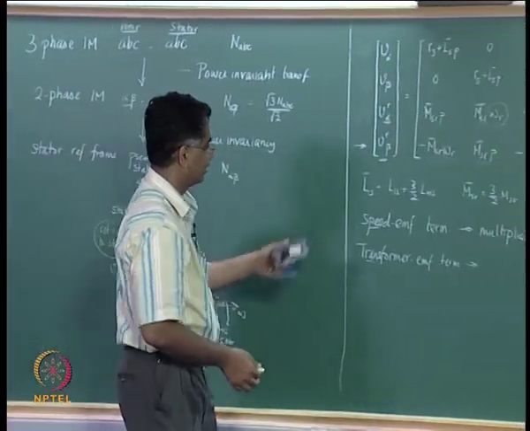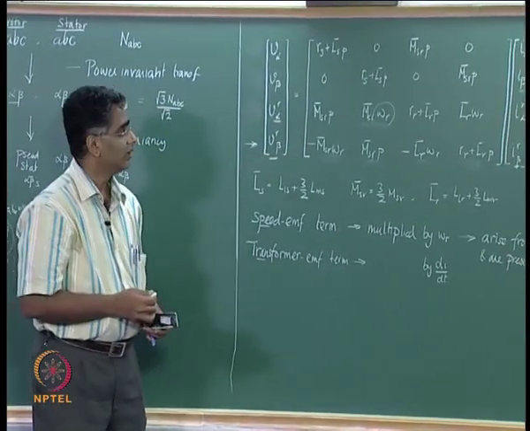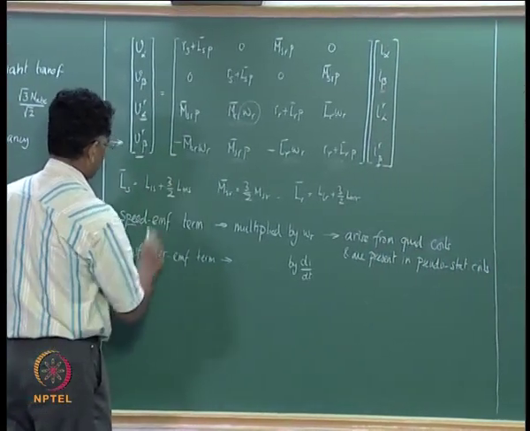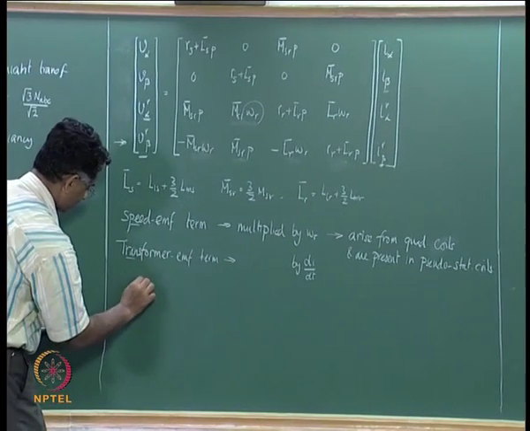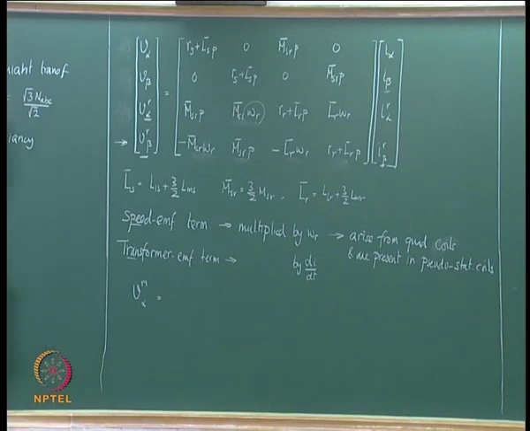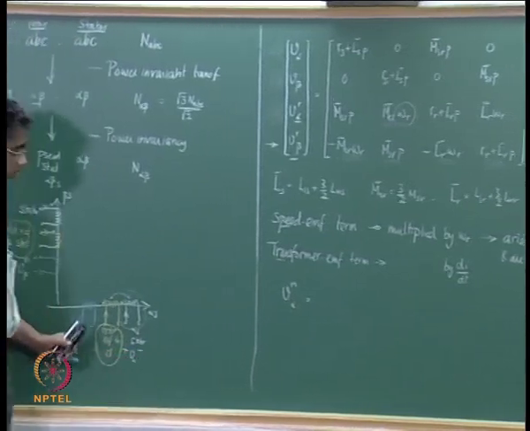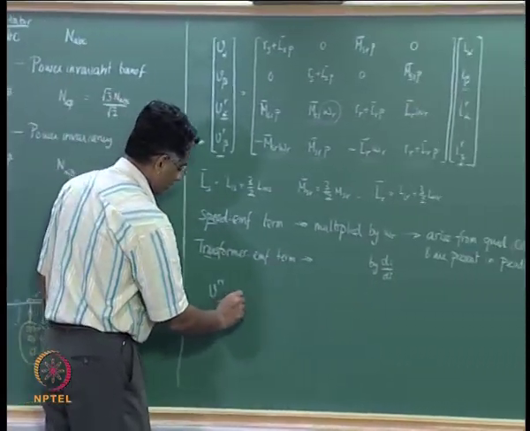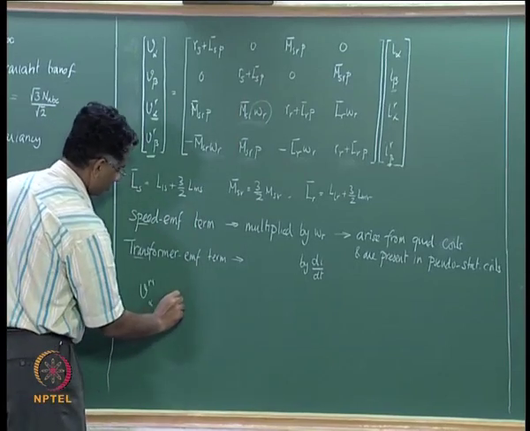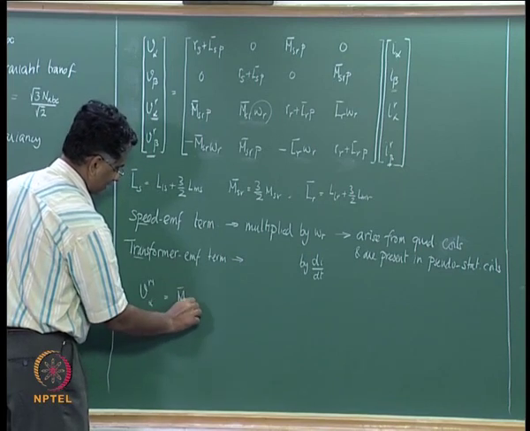That is fairly simple. Having understood the way the operational impedance description looks like, one can now augment this. If you are to write an expression for VR1 alpha, this is a pseudostationary entity, and therefore you will have, with respect to I alpha term, a mutual inductance term. Let us call that MSR1.